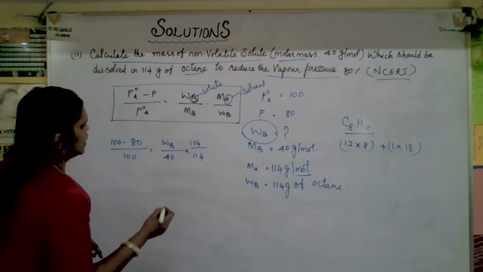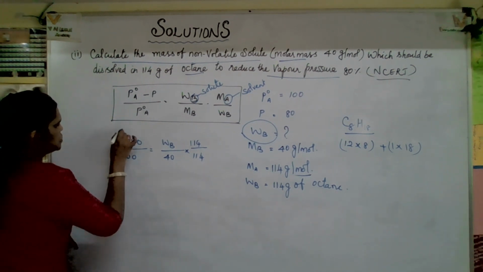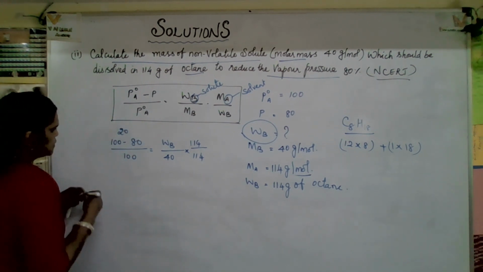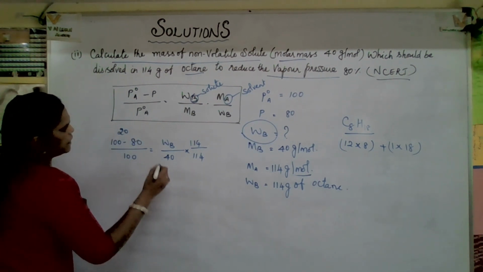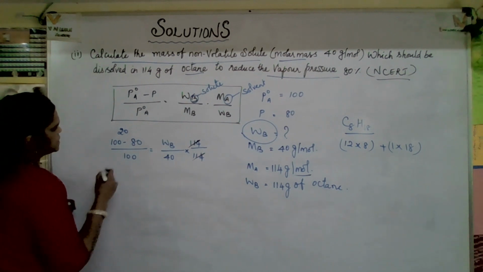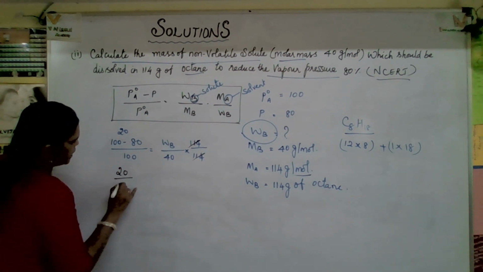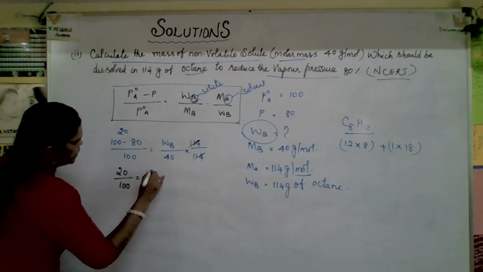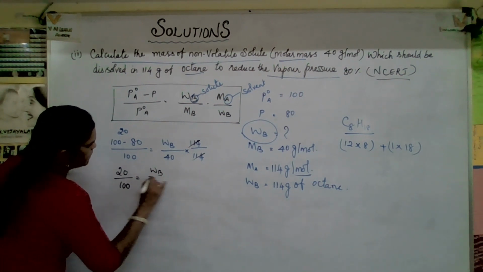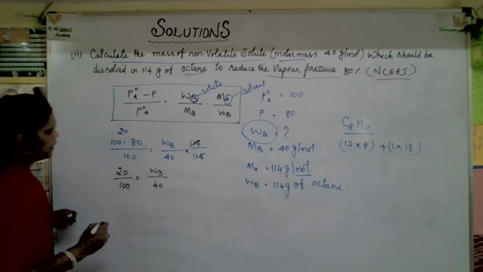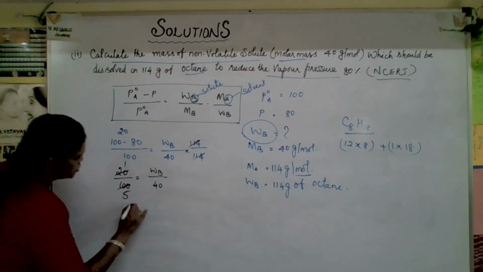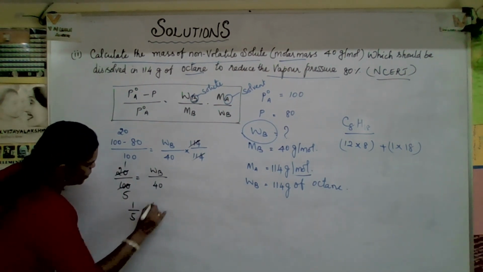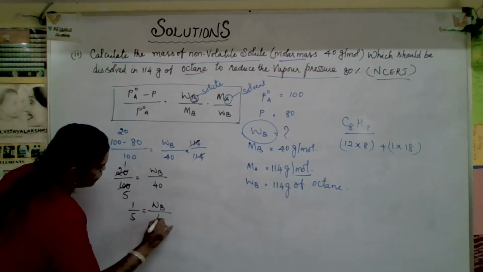Both are the same, so this is 20, right? So 20 divided by 100 equal to WB by 40. Right? So here 1, here 5. So 1 by 5 equal to WB by 40.